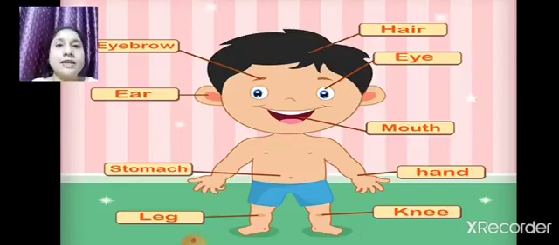We have eyes to see, and we have a mouth to eat food and drink water. We also have hands to do work, writing and holding. And we have legs to walk, run and jump.